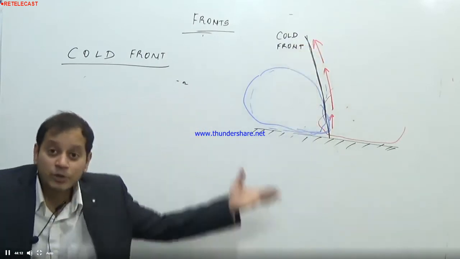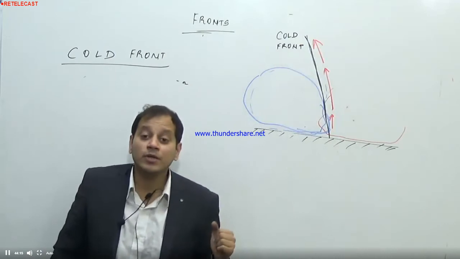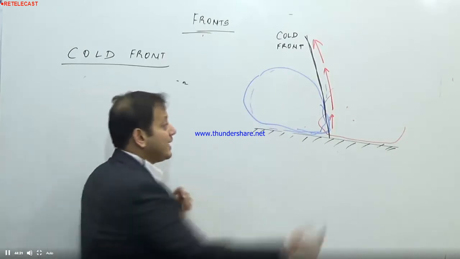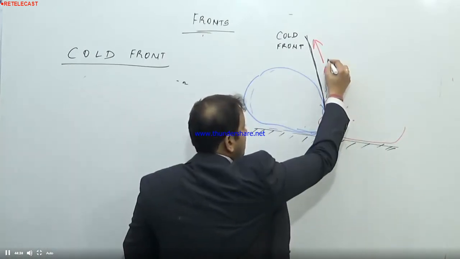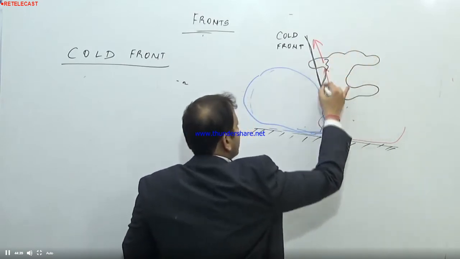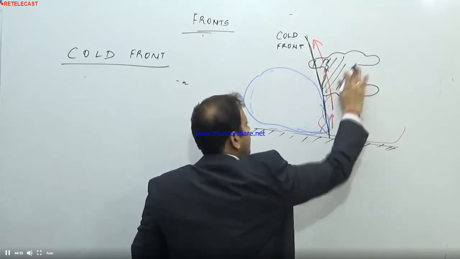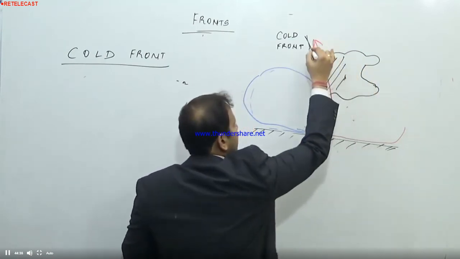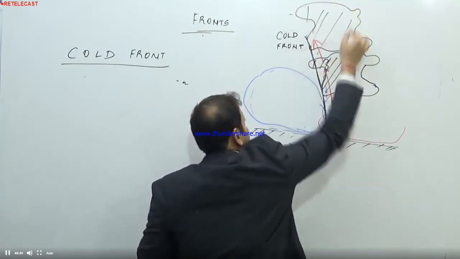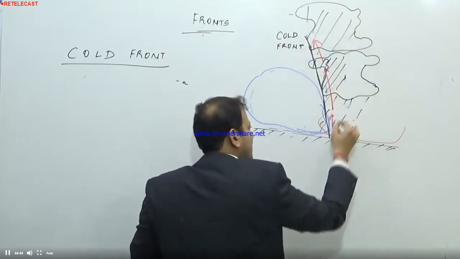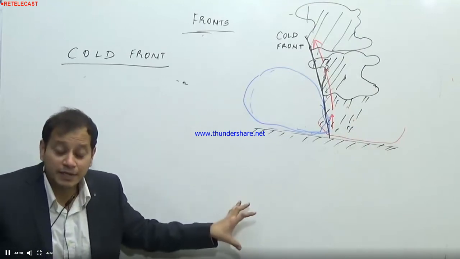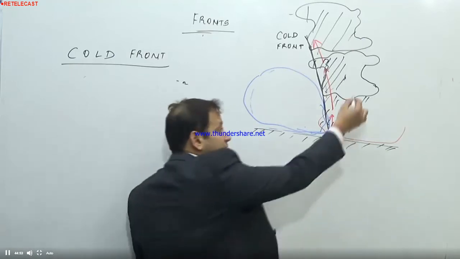Now, when the warm air is being thrown, we can see in the diagram, it is being thrown vertically upwards. Whenever the air rises vertically upwards, it is associated with the formation of our famous clouds, which are known as cumulonimbus clouds. So a large amount of cumulonimbus clouds are formed when the air is thrown vertically upwards, and whenever there is a cumulonimbus cloud, it gives very, very heavy rainfall, associated obviously with lightning and thunder.